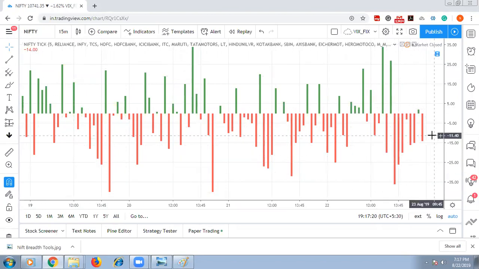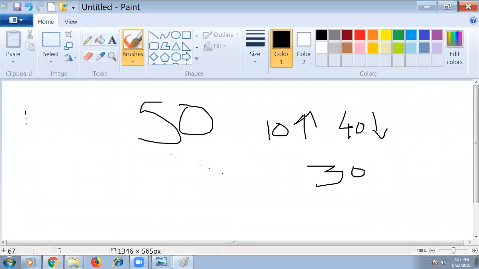This simple tool is very powerful in nature because no one in the real market can give us tick by tick data. What is a tick? India's minimum tick is 5 paise. If a stock moves up by 5 paise, that's called an up tick. If a stock moves down by 5 paise, that's called a down tick.